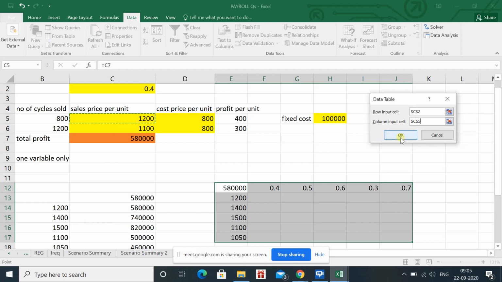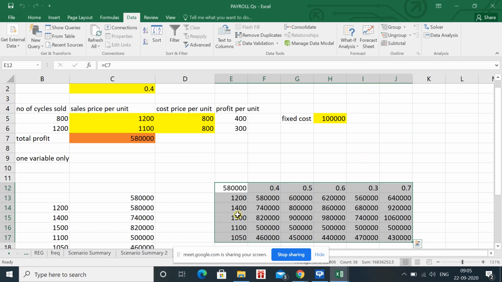So it will change the values for 1200, 1400, 1500, 1100, 150, and it will change the different percentages sold in the open market in the profit formula, and then it will give you the different results.